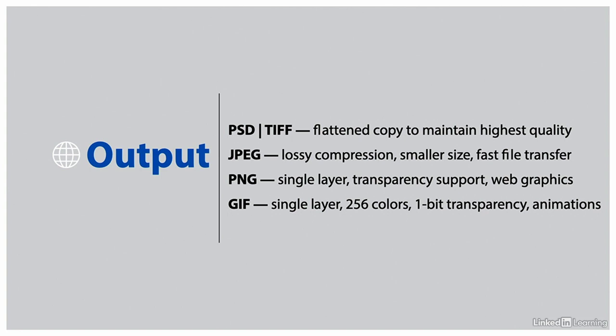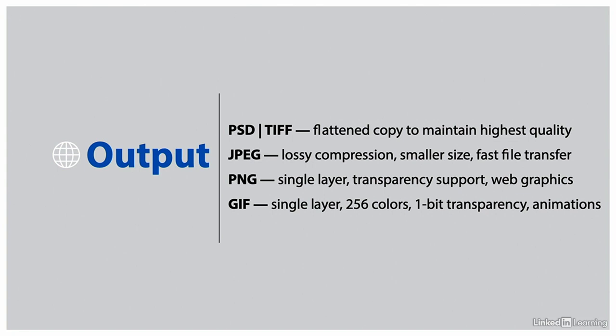The GIF file format has a unique ability, and that is it can contain an animation within the file. So it's often used to create ad banners and other short animations to view on screen. Now, GIF files are compressed using lossy compression, but in a different way than JPEG files are.